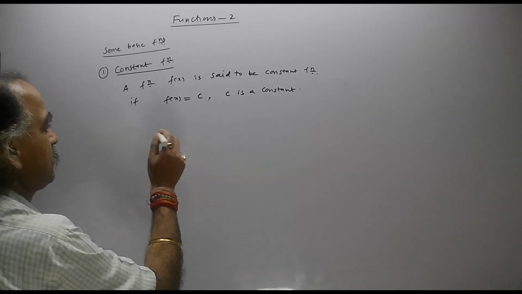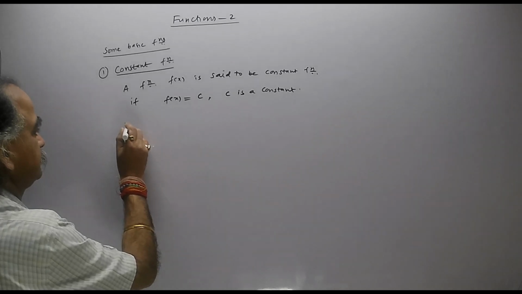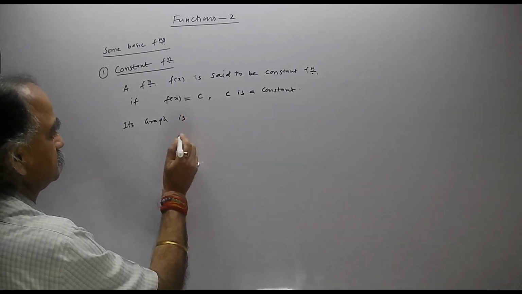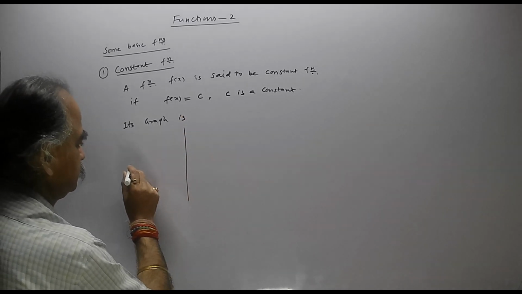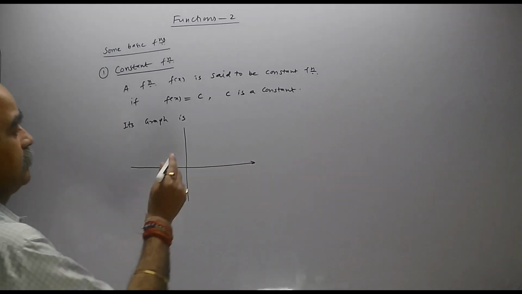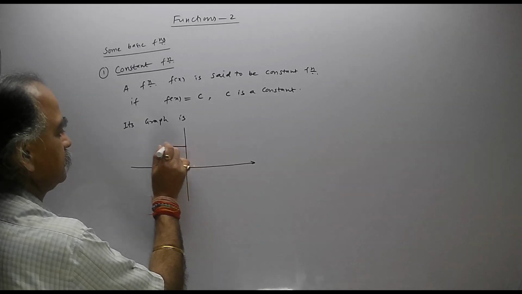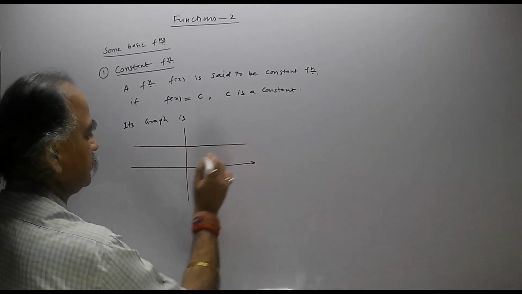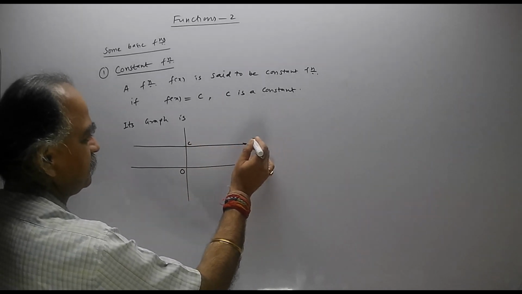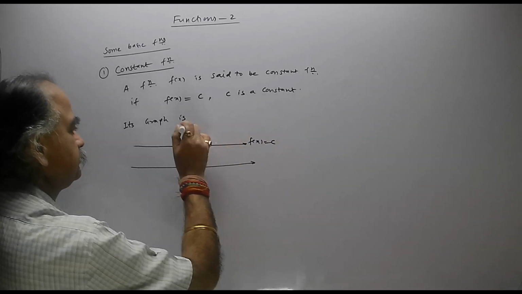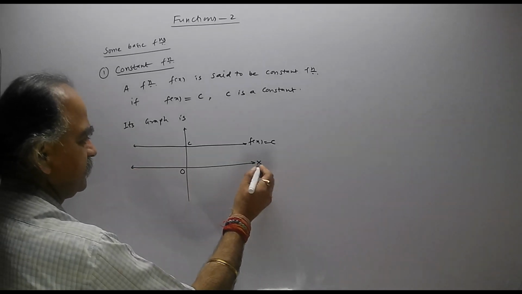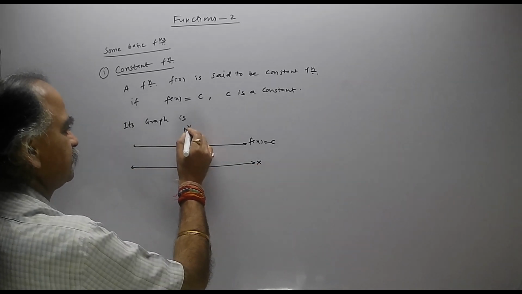Its graph is, say c is this number, this is c. This is f(x) is equal to c. This is your x-axis, y-axis.